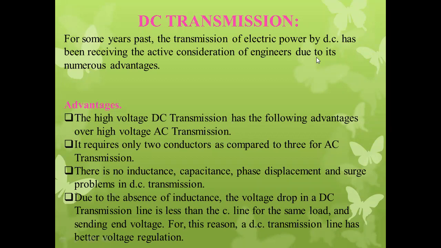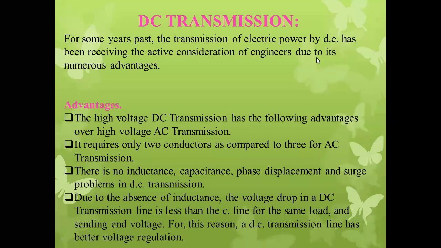Last class we have seen the DC transmission system, and in that we have seen various DC power supply schemes and the volume of conducting material required for the single phase two wire system with the midpoint earth and one conductor earth.